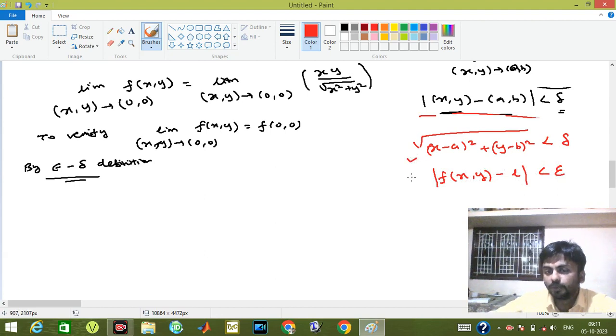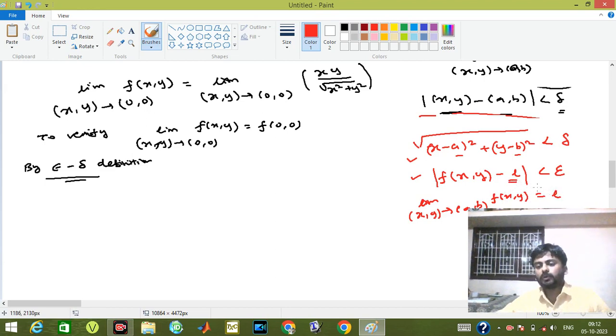If these two are possible to write, then easily you can say the limit as (x, y) tends to (a, b) of f(x, y) is equal to L. So this is the way of solving the problem.